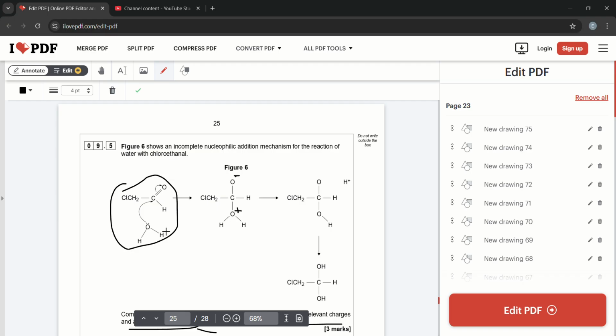You can see here OH and H2O, so this OH bond has to go. Then you're left with this, where the oxygen has a negative lone pair of electrons, and it attracts an H plus.